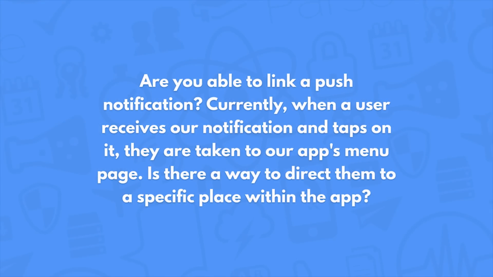Are you able to link a push notification? Currently, when a user receives our notification and taps on it, they're taken to our app's menu page. Is there a way to direct them to a specific place within our app? Yeah. What you really need to do there is include some extra piece of information as part of the push payload.